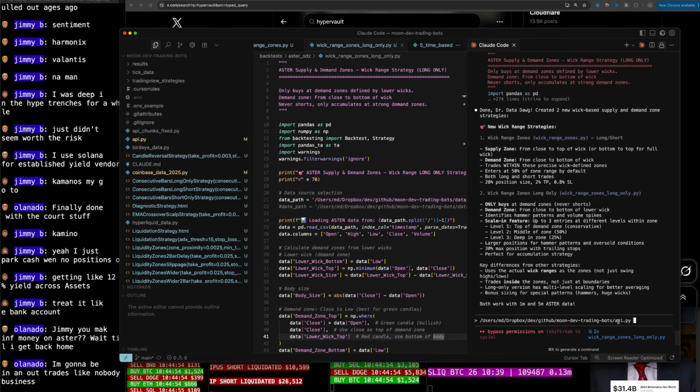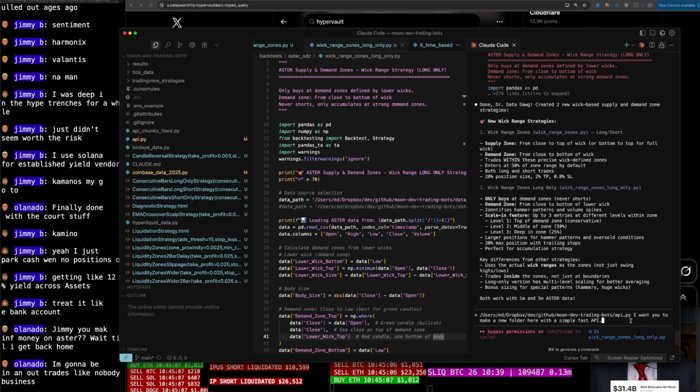I want you to make a new folder here with a simple FastAPI. Nah, I'm going to do this somewhere else. Create a new repo.